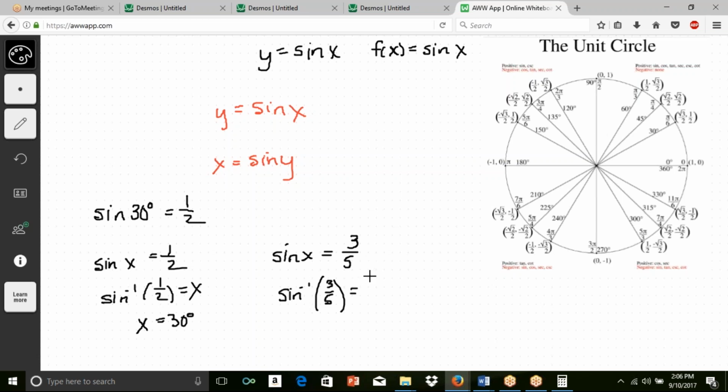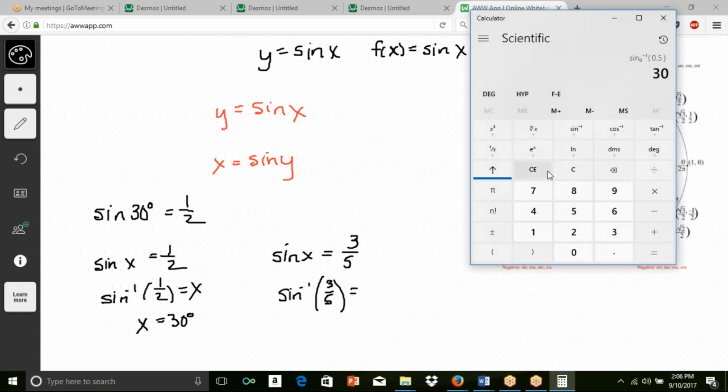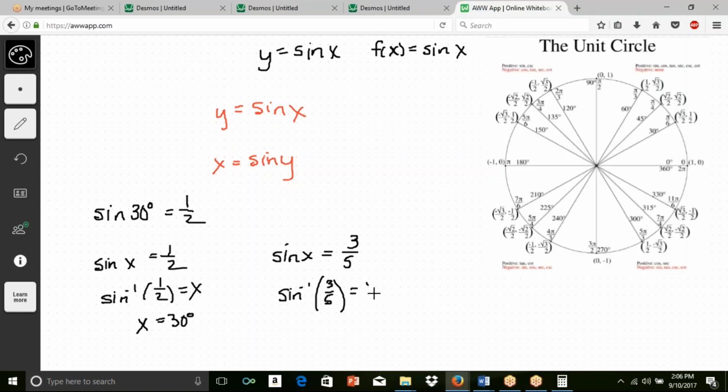So I have 3 divided by 5, which gives me a value, and then I take arcsine, and that gives me a 36.86-degree angle, right? 36.86, I believe that's what it said.